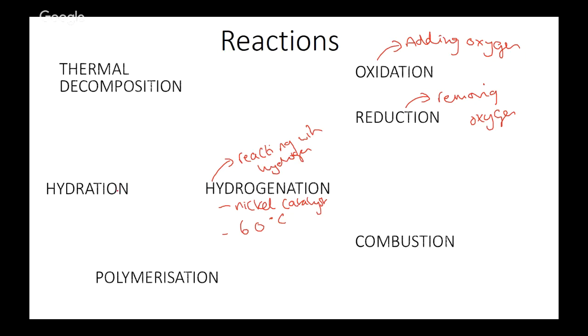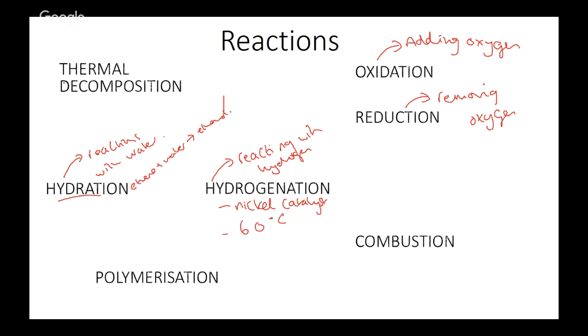We've also got hydration here, which just like you hydrate your body by drinking water, these are reactions with water. So for example, when you react ethene with water to make ethanol, that's an example of a hydration reaction.